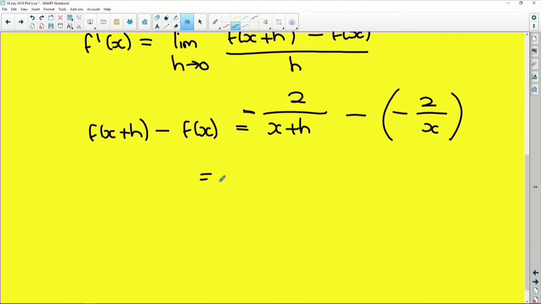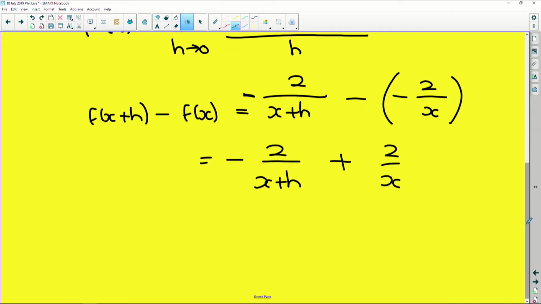We're going to get negative 2 over x plus h plus 2 over x, because remember, a negative multiplied by a negative is a positive. Okay, so now to add these together, we need to find the common denominator. Remember, if you can't find a common denominator that's simply one of these two, you need to multiply them by each other. So this first one, we need to multiply by x.